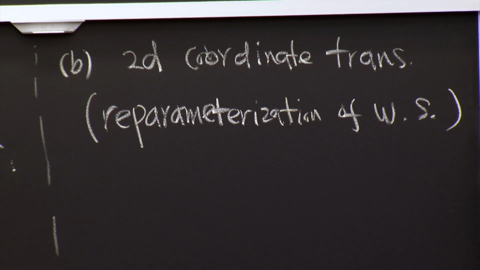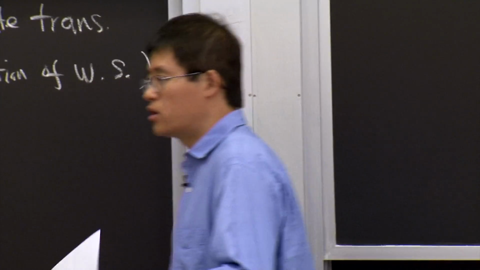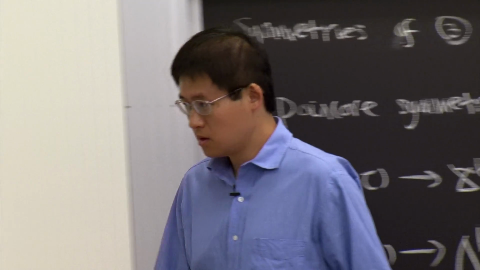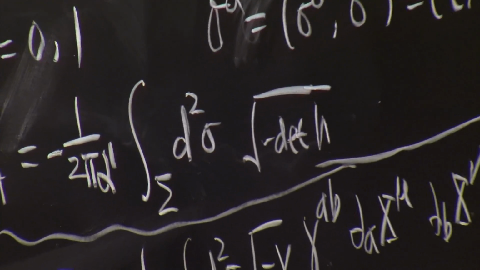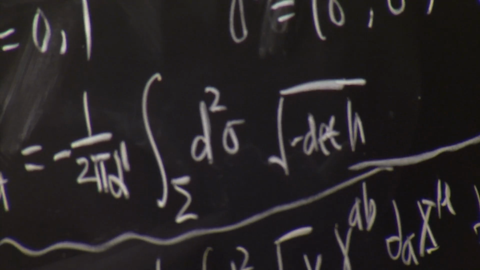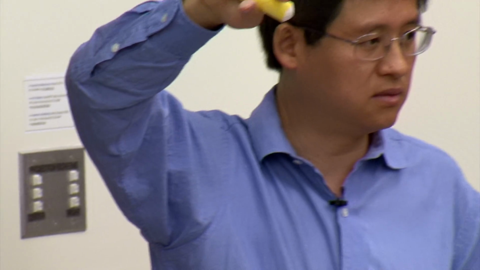Okay? So this is essentially a necessary condition which should be satisfied by any string action, because as we said before, sigma tau just parameterize your worldsheet, and your action should not depend on how you parameterize it, and that parameterization should be arbitrary. You should be able to change your parameterization.